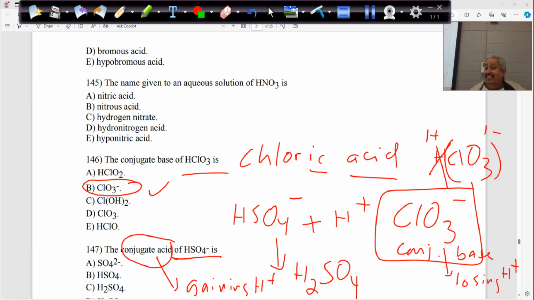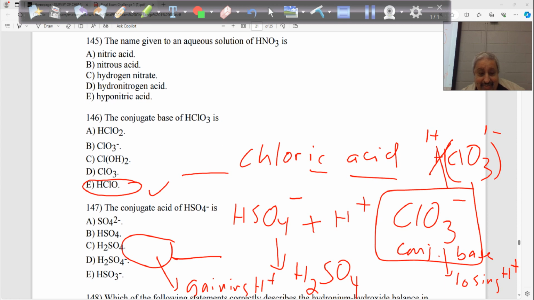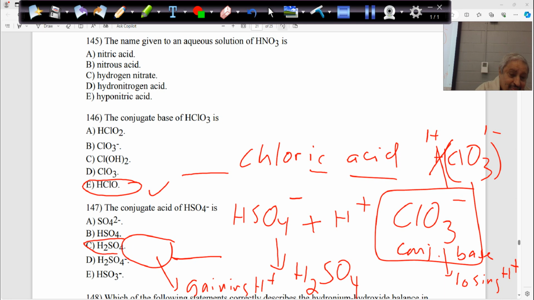Where is it? Let me see if we can go up a little bit. Which one? Is C correct? The answer is C. That's correct.